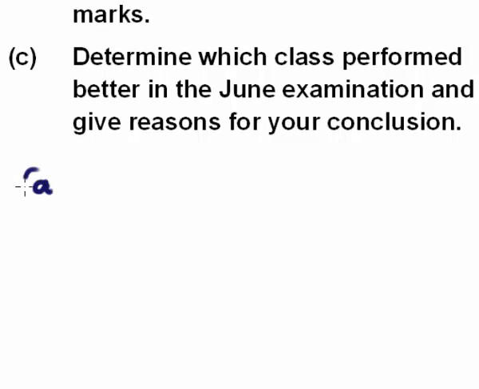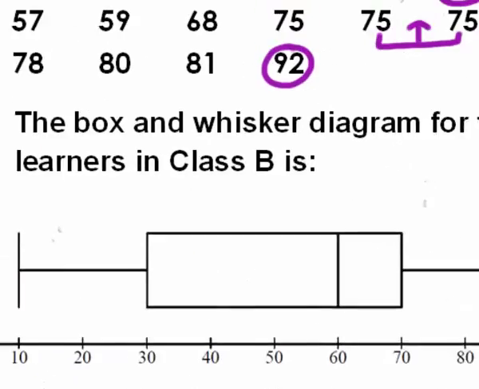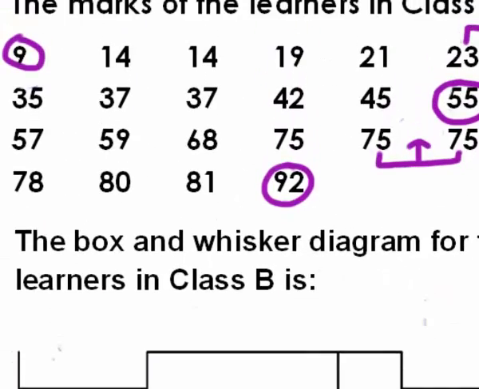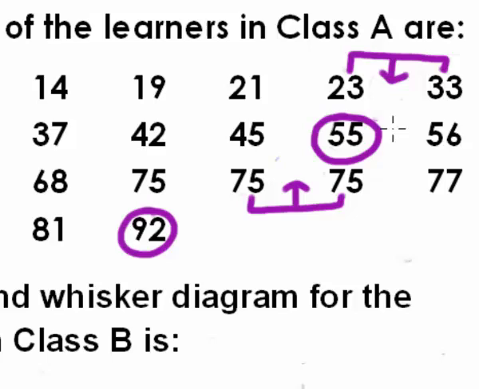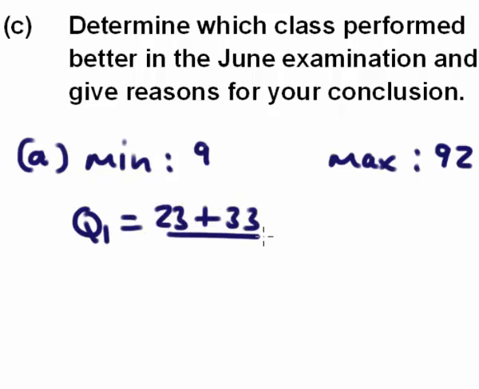We've got A, the minimum is 9, the maximum is going to be 92. Let's just check that. Again, 92 and 9. Then your lower quartile is the average between 23 and 33. So the lower quartile is 23 plus 33 divided by 2, which is 28.